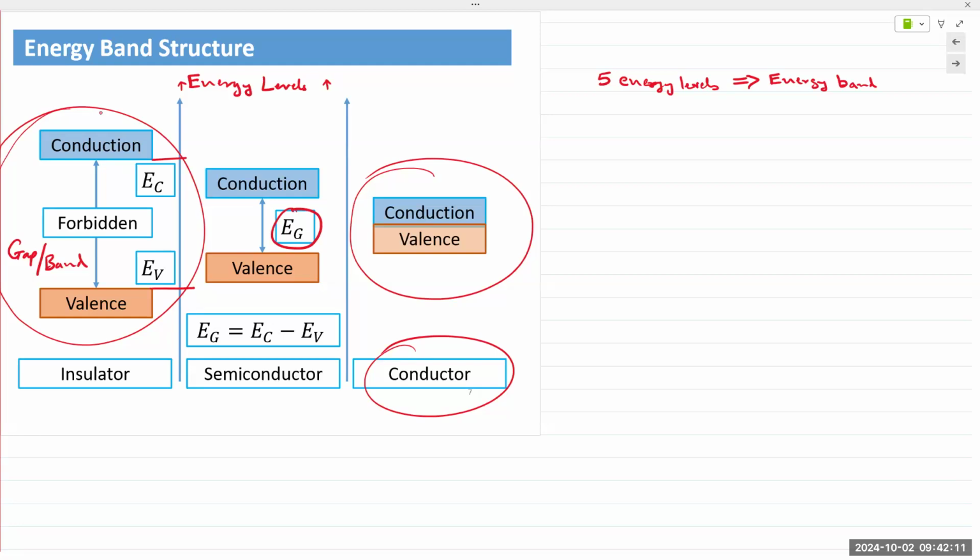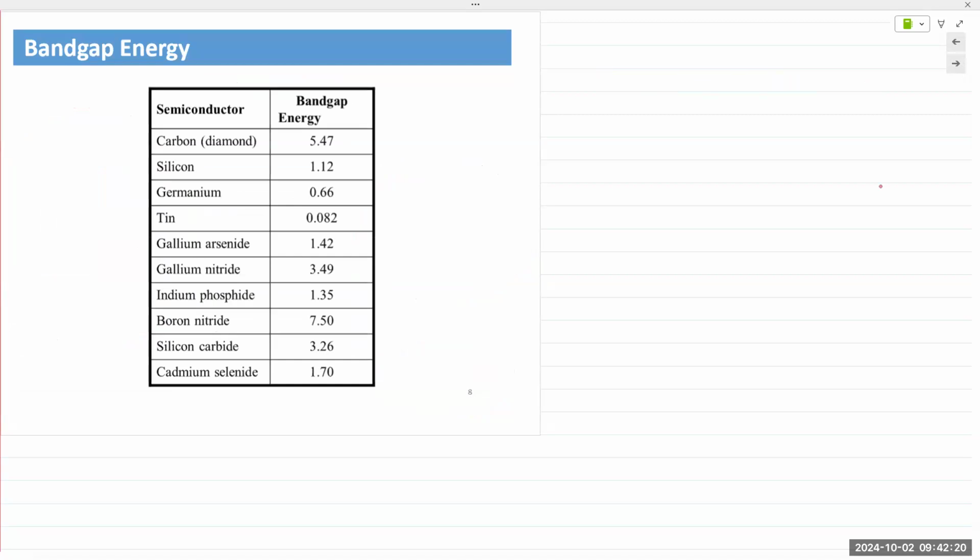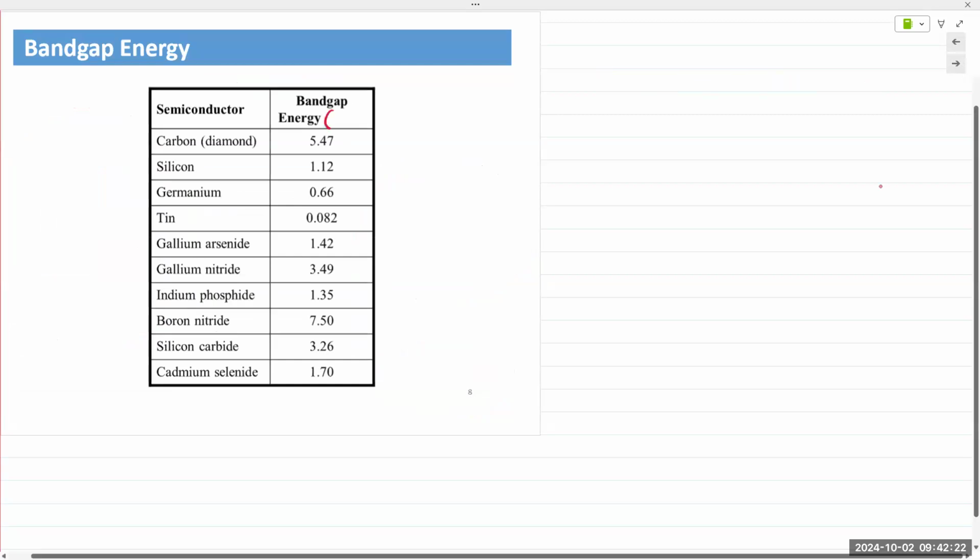And EG, like resistivity, is a material property. The material property is specified in electron volts, and you can see silicon and germanium right here, 0.66 and 1.12.